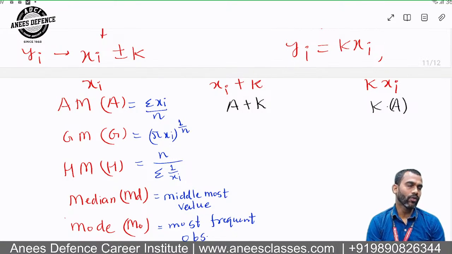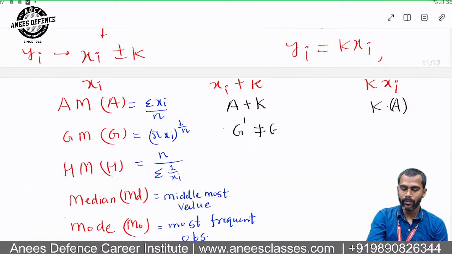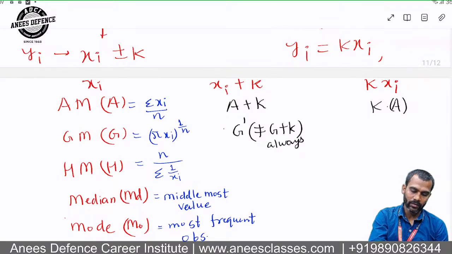Only in one case, if all the observations are the same, can I write G dash is equal to G plus K. Otherwise, in general, G dash is not equal to G plus K.